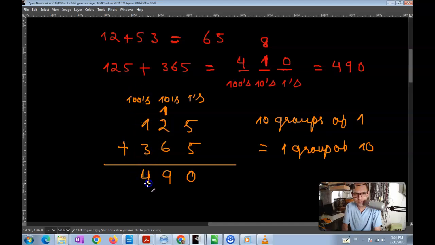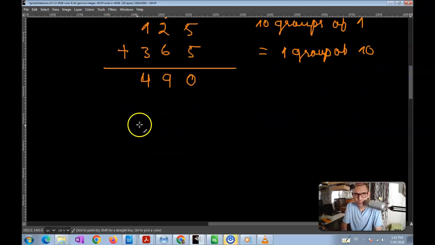That would be essentially 4 groups of 100, and that's basically how you can do your operation over here. That's a 490. So you see that this way the operation becomes much more neat and much easier.